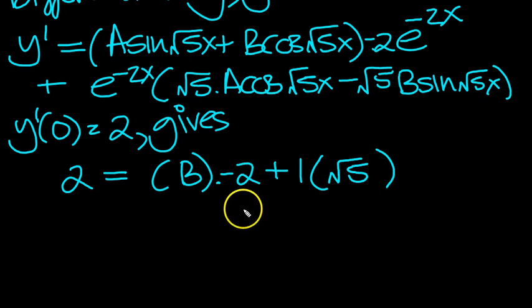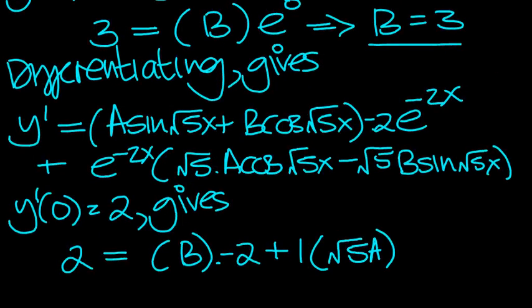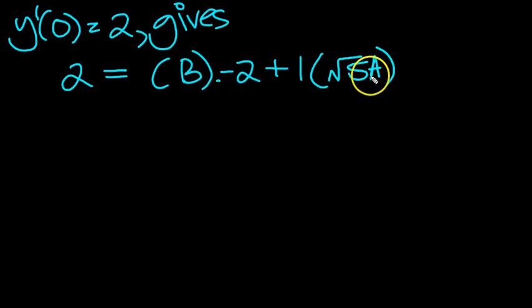Okay, so what have we got then? And what have we got on this second bracket? Cos naught is 1, so that's root 5 times a. There we go. So what have we got? b is 3 from before. So bear that in mind when we look at this.